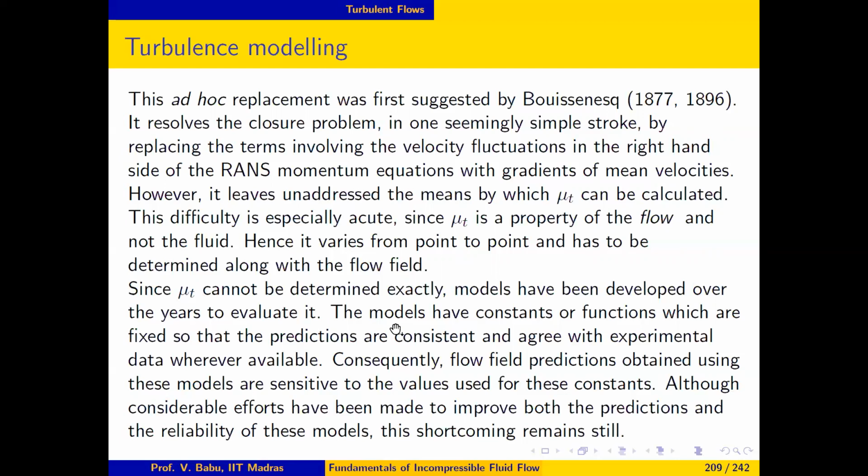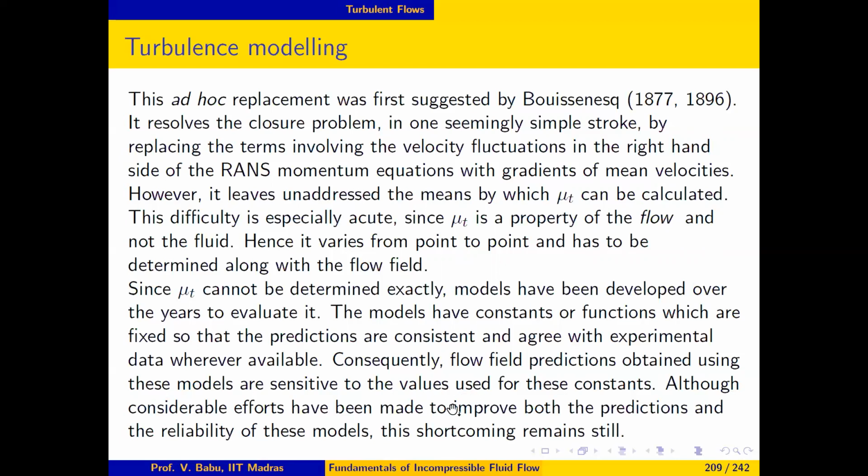So when we use these models for complex flows, we do so with the understanding that the models have not been developed for these complex flows, but the constants in the model have been developed only for the simple canonical flows. So consequently, any flow field prediction that we obtain for a complex flow will be very sensitive to the values that are used for these constants.